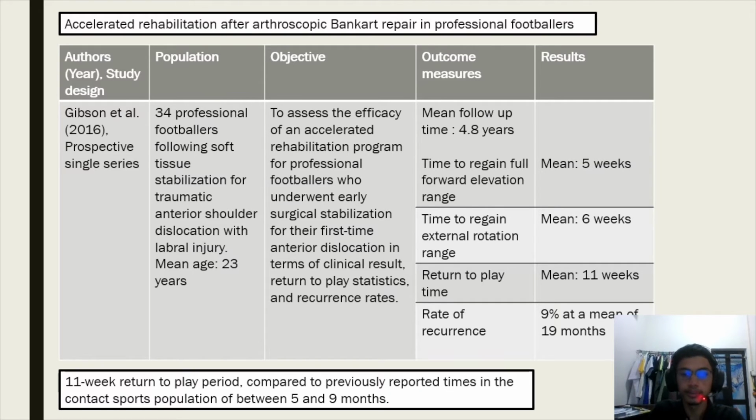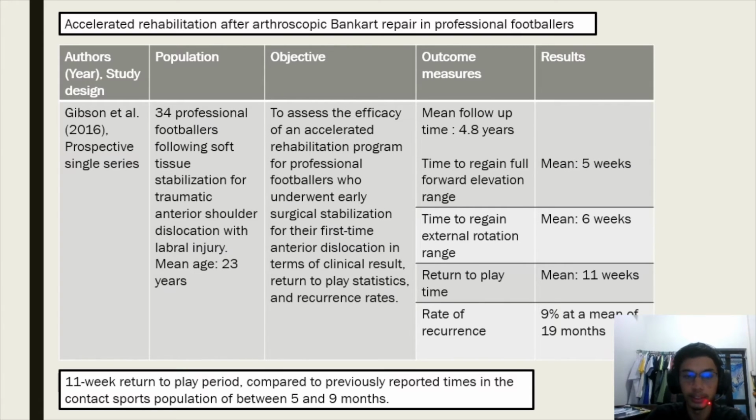Okay, the next management is a study of accelerated rehabilitation after arthroscopic labral repair in professional footballers. This is a study by Gibson et al. in 2016. The study design is a prospective single series. Population is 34 professional footballers following soft tissue stabilization for traumatic anterior shoulder dislocation with labral injury.